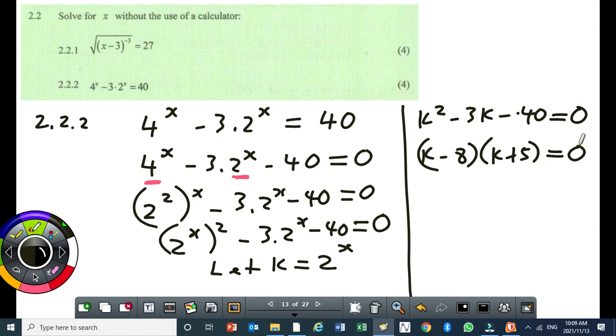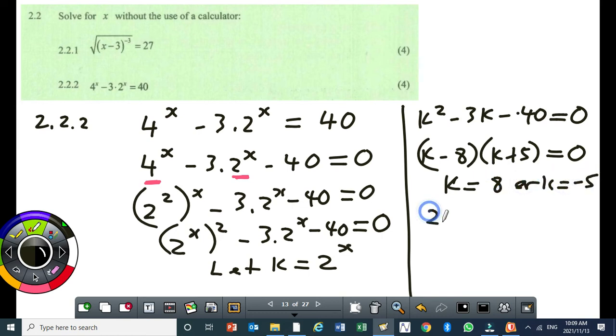You have to know what I just did there, the use of the k method. We use the k method because it's easier to factorize the expression when it's a straightforward trinomial in terms of k. Then k will be 8 or k will be negative 5.